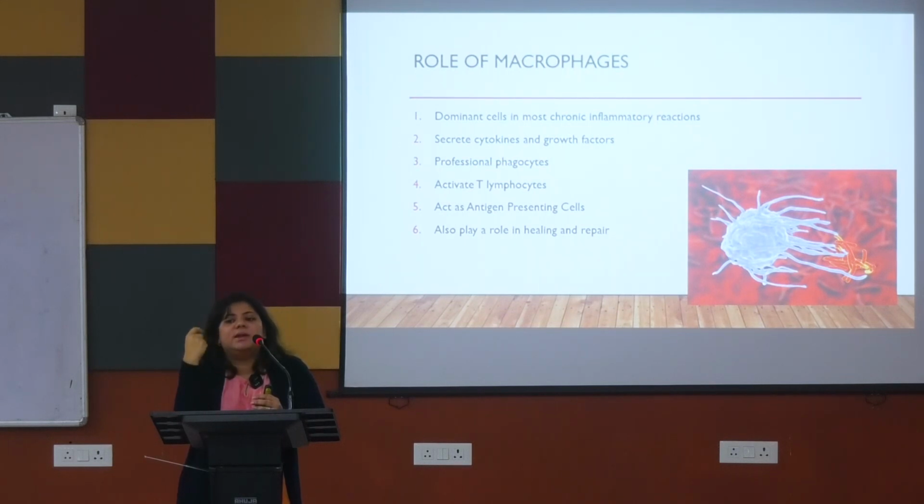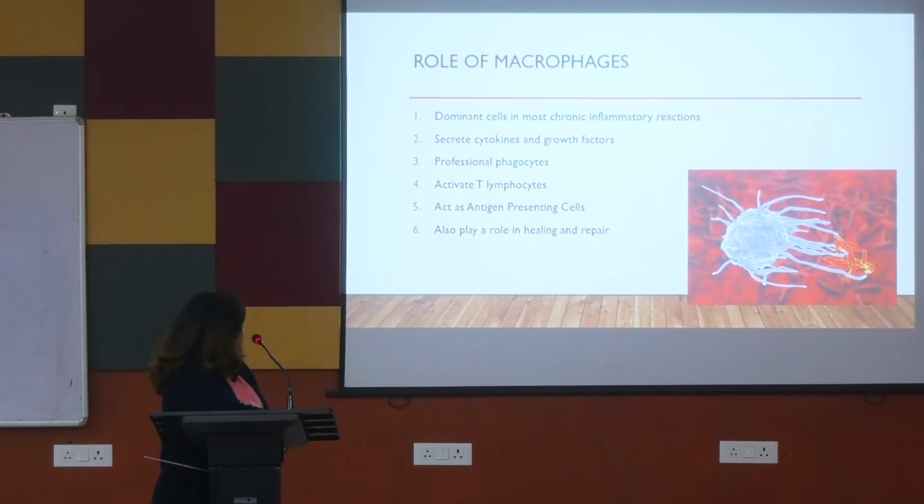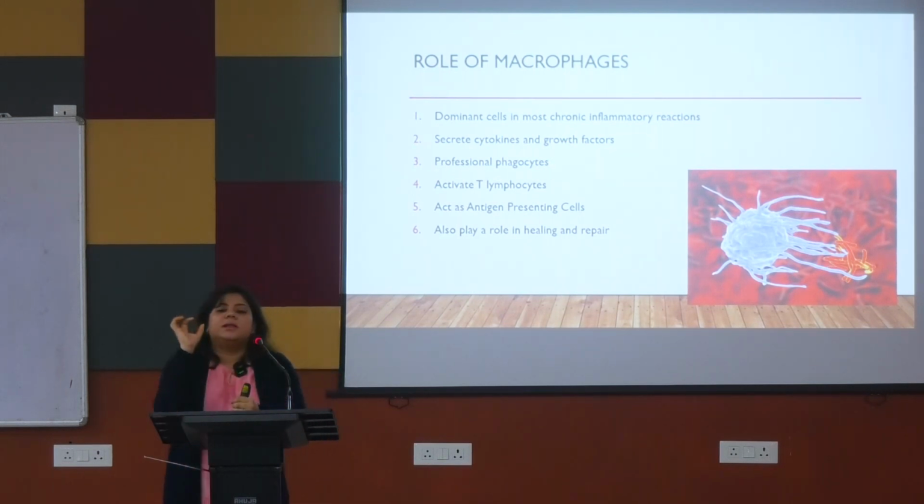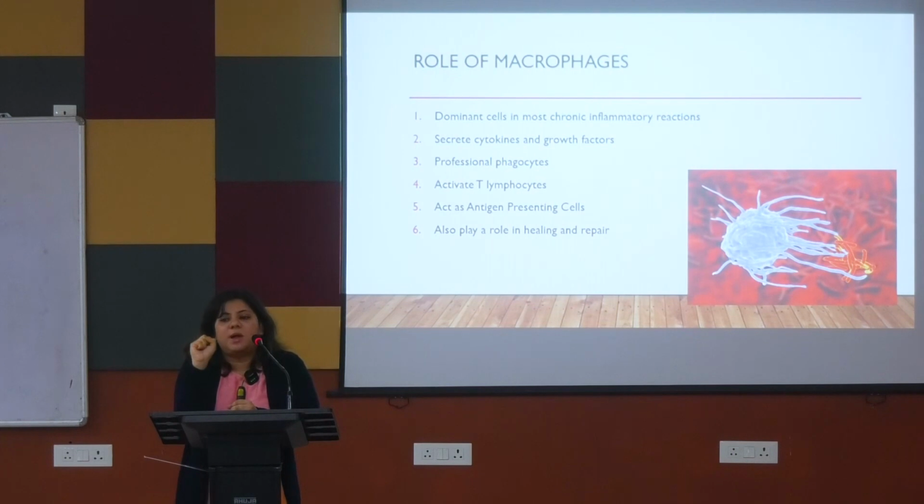Now, once there is any kind of infection, the T lymphocytes will attract the macrophages. They are professional phagocytes. This means they will try to engulf the pathogen and they will try to contain it.